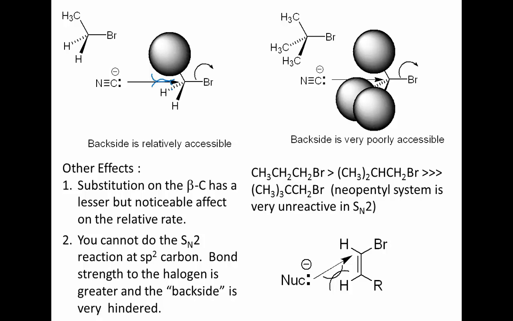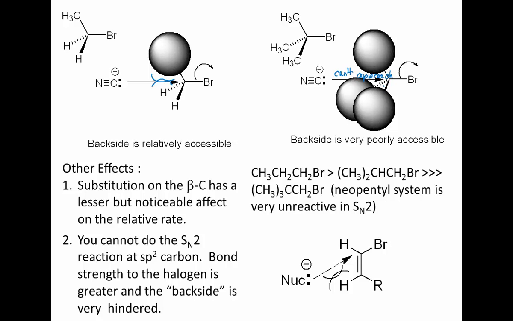However, when you put 3 of these CH3 groups here, you find that it's very difficult for the nucleophile to approach from the backside. The backside is almost completely blocked from any sort of approach, okay?